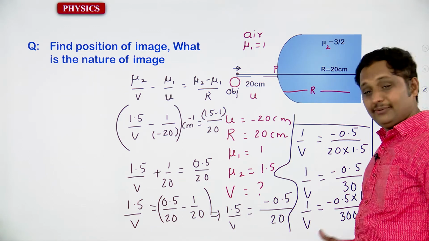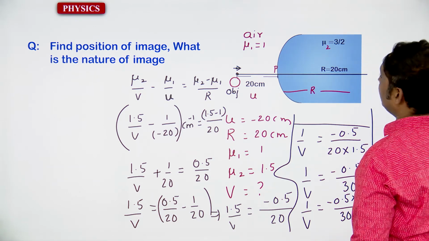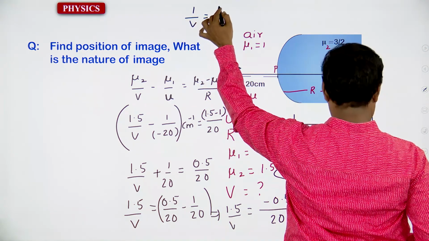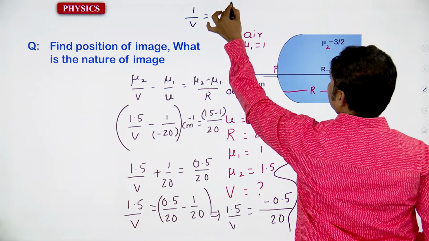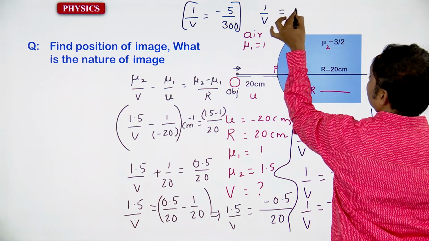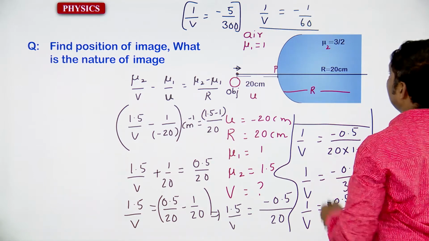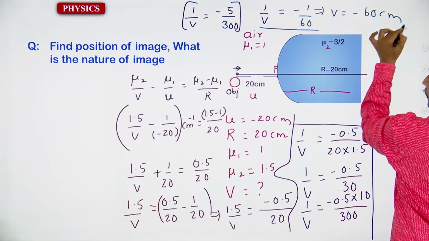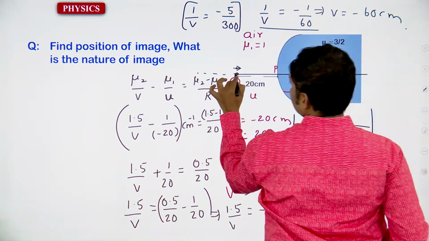Looking at the calculation, 1 by V is equal to minus 5 by 300, that is very clear. Therefore, 1 by V is equal to minus 1 by 60. That implies V is equal to minus 60 centimeter.